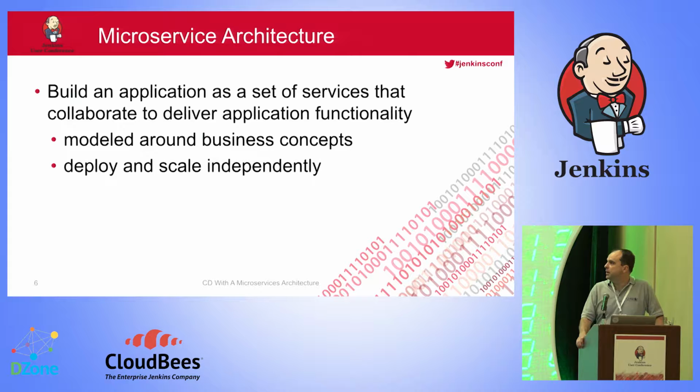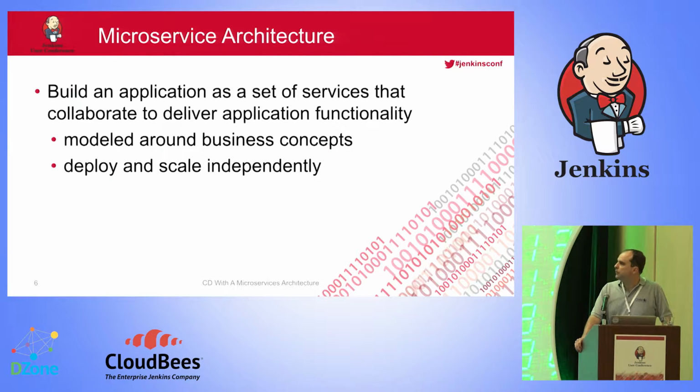The key thing about that, as opposed to developing an application where all of the services are contained in one monolithic application that you deploy, is that we're going to build our application as a set of collaborating services that will deliver the overall application functionality. Often this is modeled around business concepts.